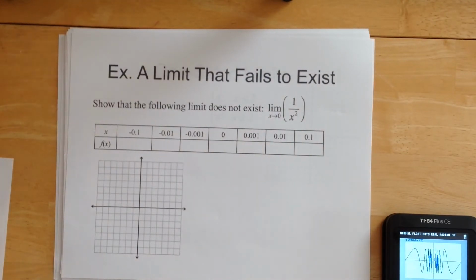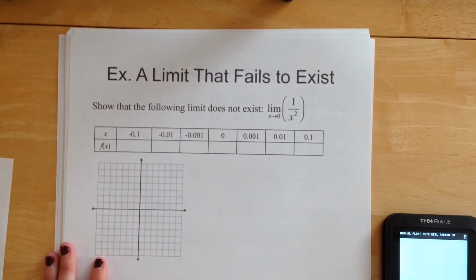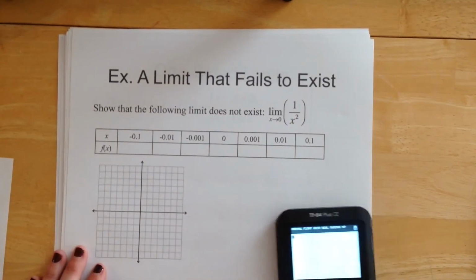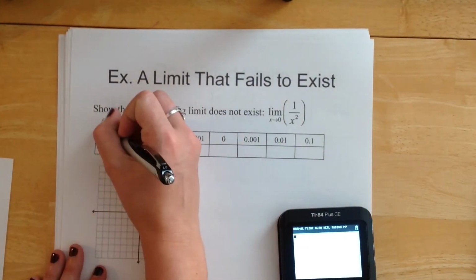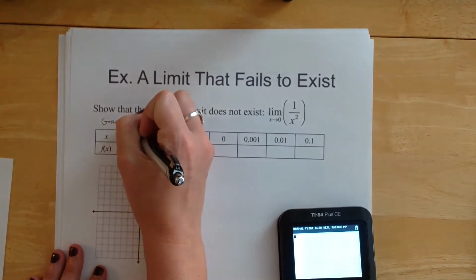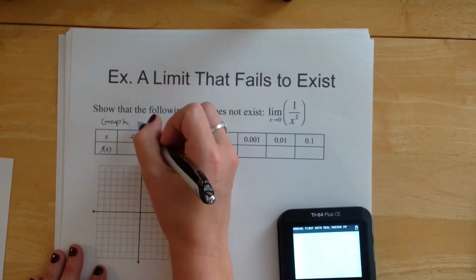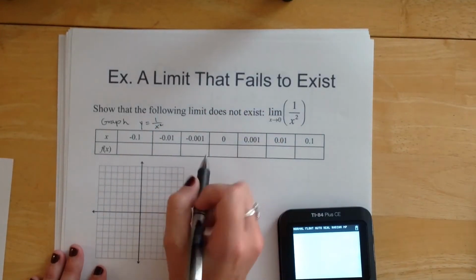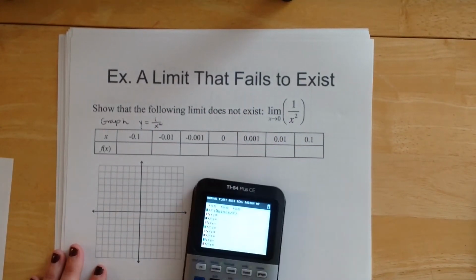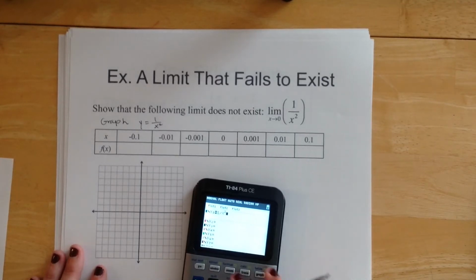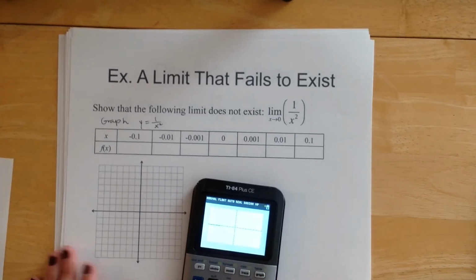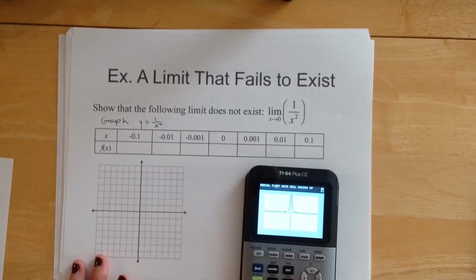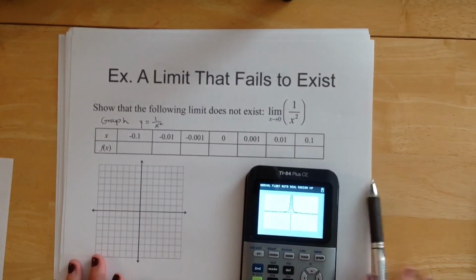Okay. So 1 over x squared. First thing, go ahead and graph. This is the last example for this first video. Okay, so if we graph 1 over x squared, changing my zoom back to ZStandard, okay, so I have the two branches.